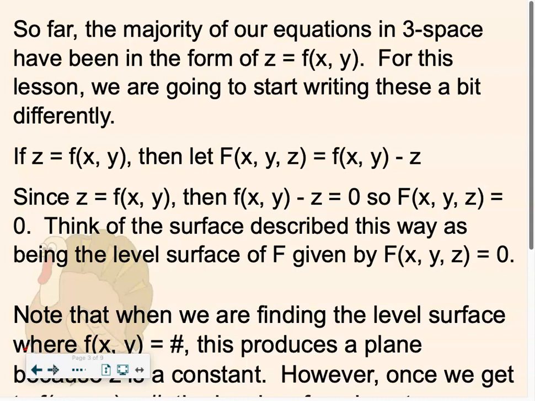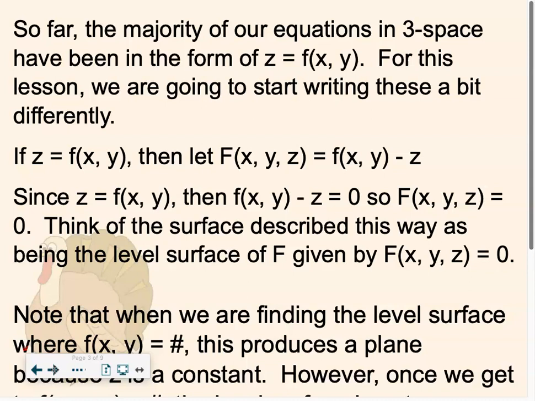But anyway, so far the majority of our equations in 3-space have been solved for z, right? z equals f of x, y. For this lesson, instead of writing them in the form z equals f of x, y, we are going to move the z to the other side and have all 3 variables on one side of the equation. So it's the same equation.